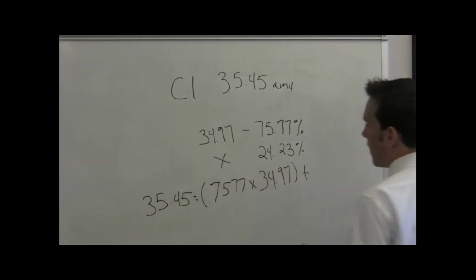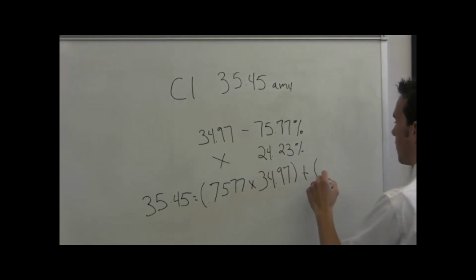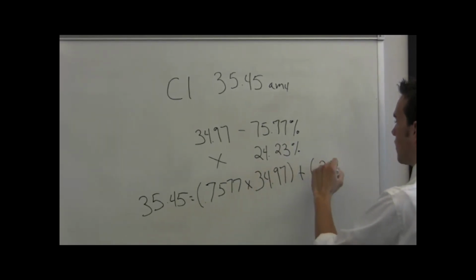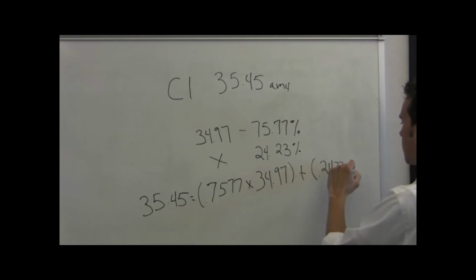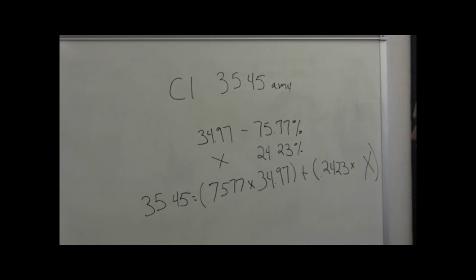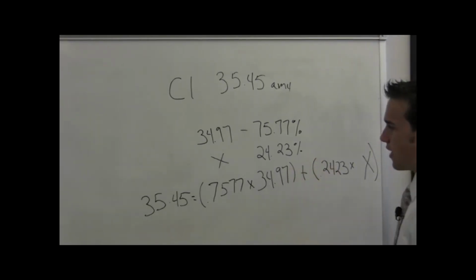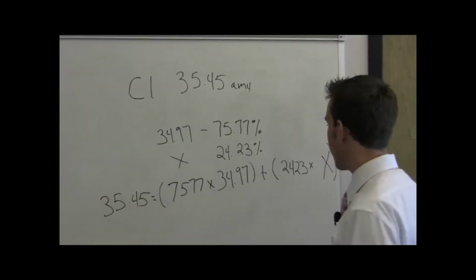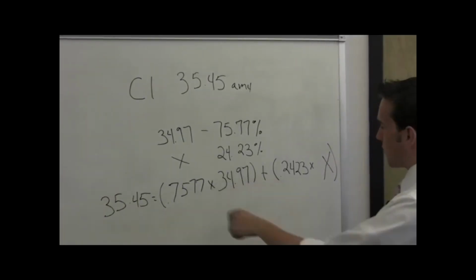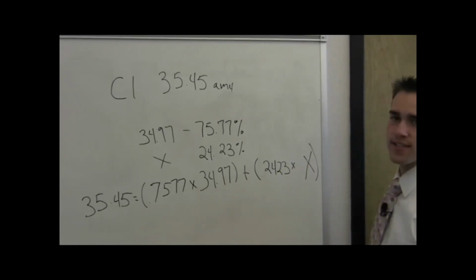And we added that with the second isotope percent abundance, 0.2423, times the value that we don't know, the atomic mass. We would be able to rearrange that. So based on this formula that we have, we can find the missing atomic mass.